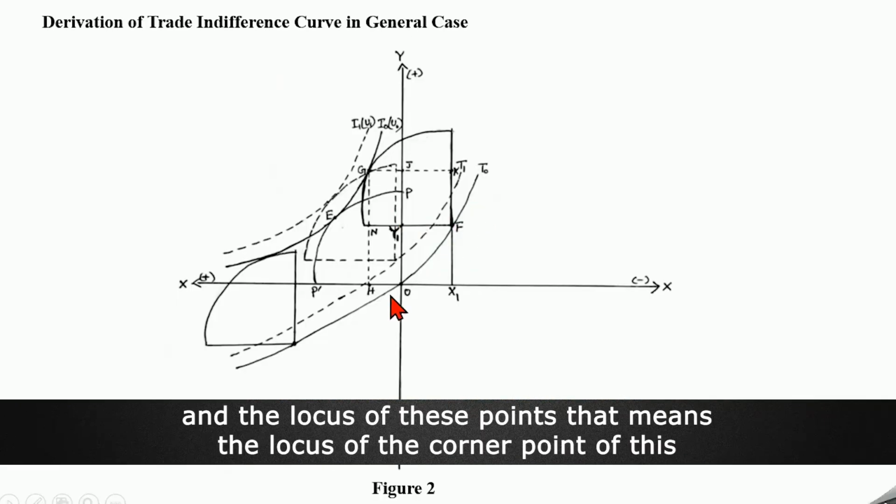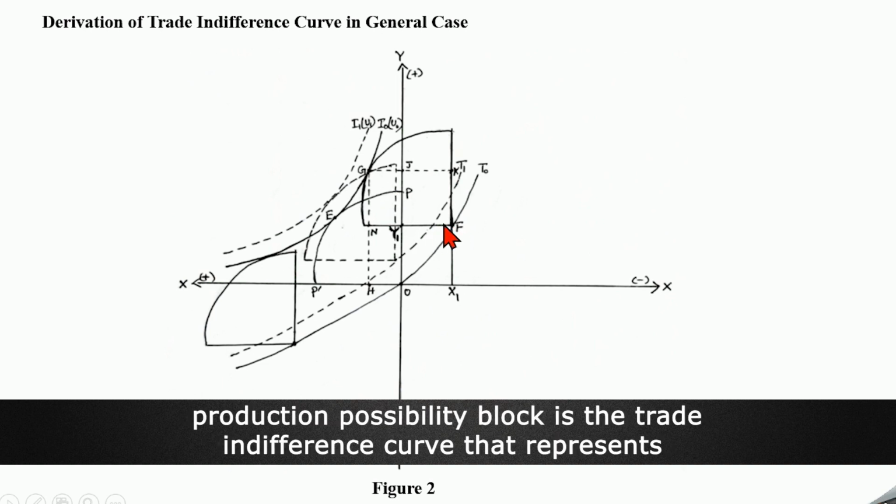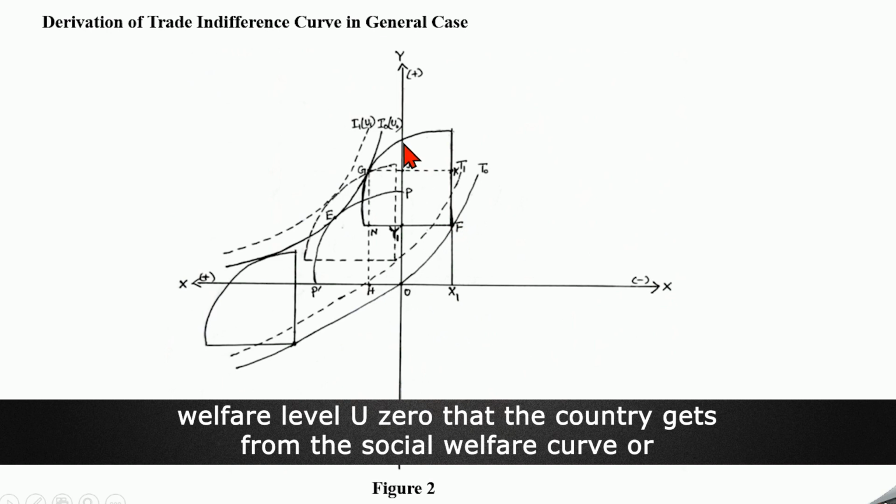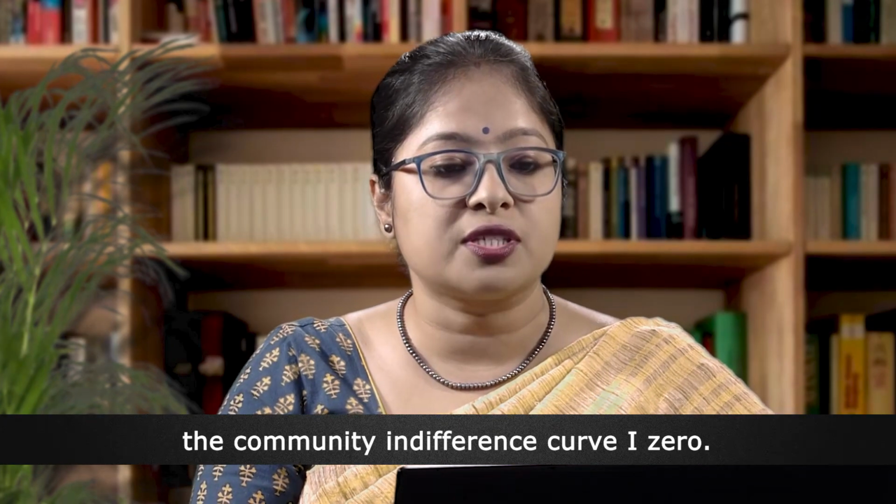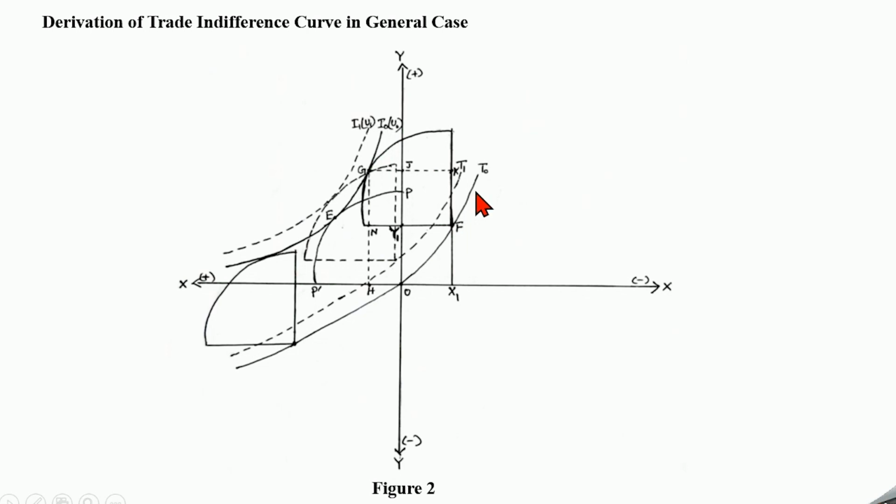And the locus of these points, that means the locus of the corner point of this production possibility block, is the trade indifference curve that represents the welfare level U0 that the country gets from the social welfare curve or the community indifference curve I0. So here we get the trade indifference curve representing the same level of welfare that the country can attain at a particular community indifference curve.